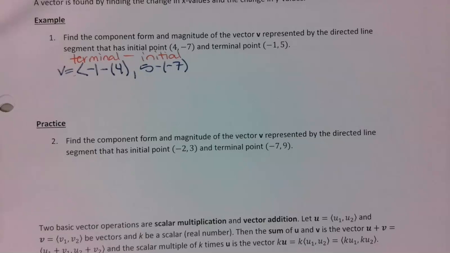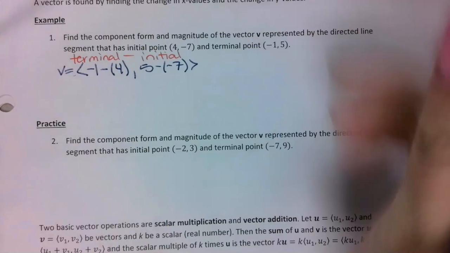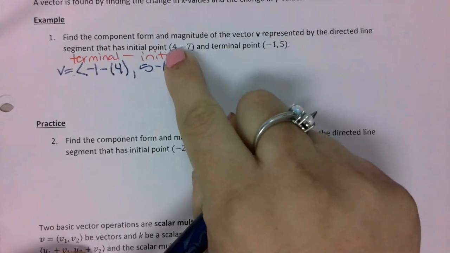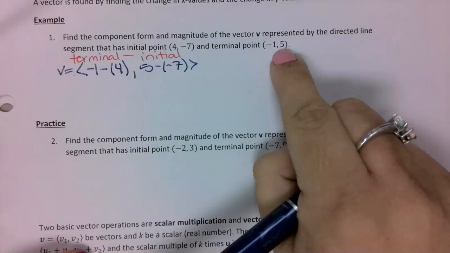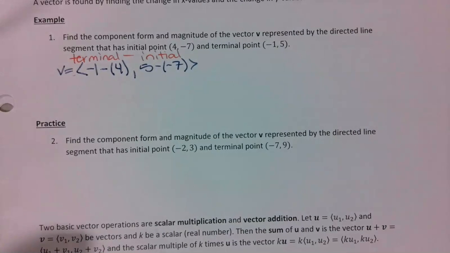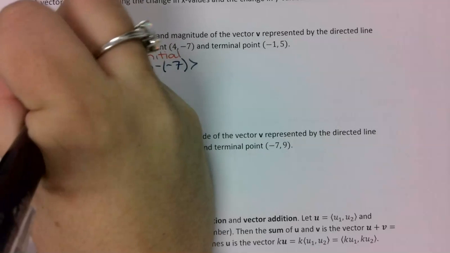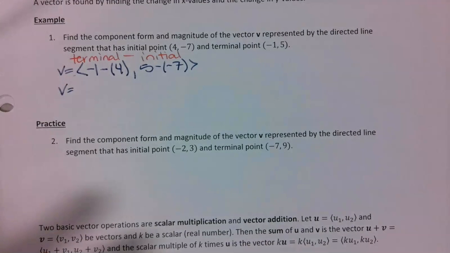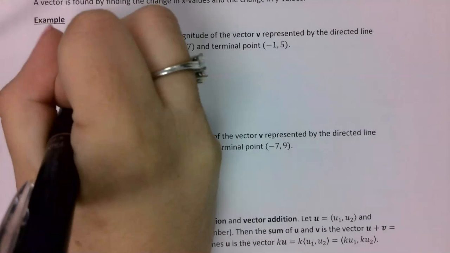What do you mean you're lost? I took this x value and subtracted that x value, and then this y value and subtracted this y value. Okay, so what do I get for my x value of my vector?